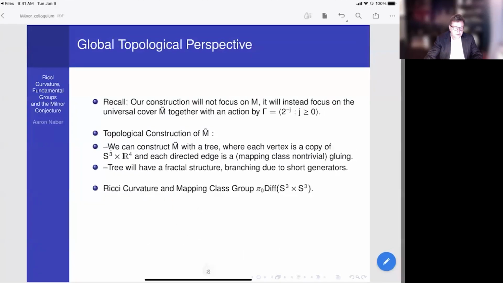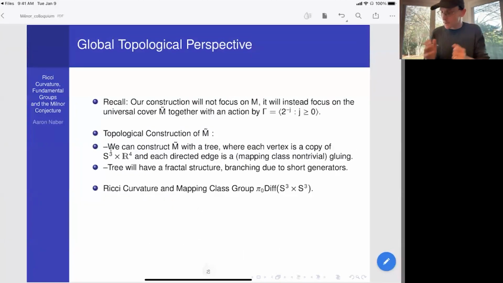So if these gluing maps are mapping class non-trivial, then our goal here isn't just to build a space with Q mod Z as a fundamental group. Our goal is to build a geometric one, for which we actually have a geometry. Then this begs the question that we need to understand something about Ricci curvature in the mapping class group, at least Ricci curvature in the mapping class group of S3 cross S3, which is where the gluings take place.